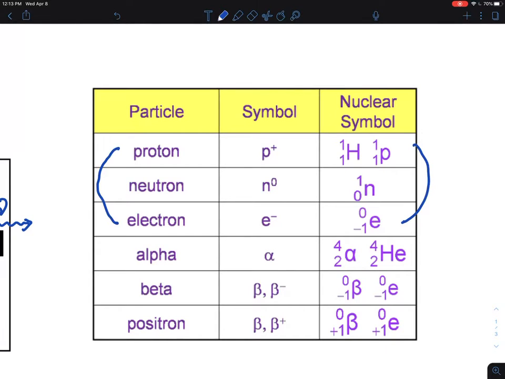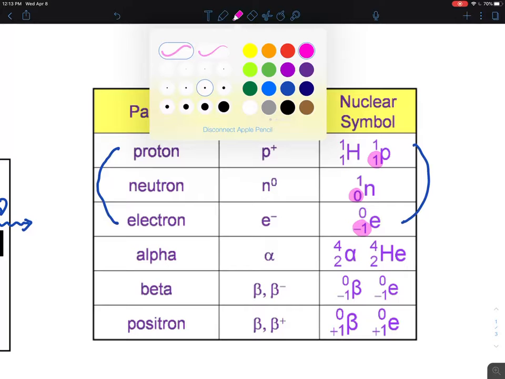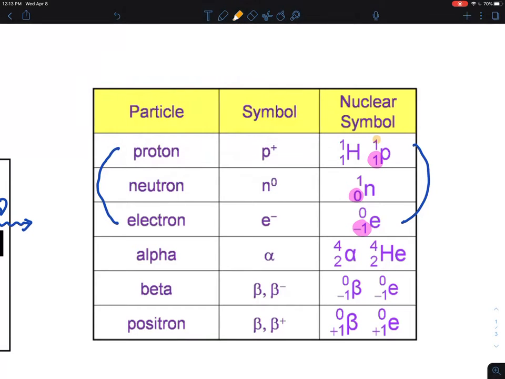And to me the most important thing for you to understand is that this number is related to the number of protons, right? And the other number is related to the total mass.